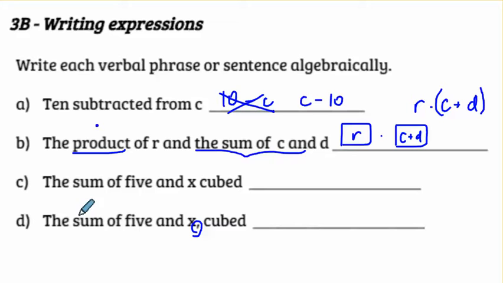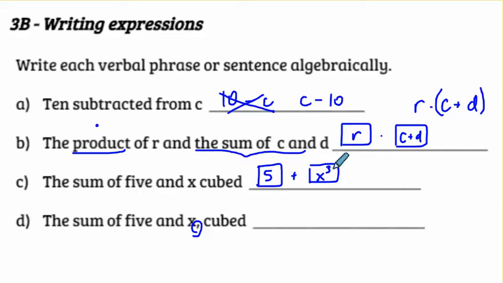In D, we have the sum of 5, and x cubed. You see the difference? So the sum of means that we're going to take two things and we're going to add them. What are the two things? We are going to add 5 and x cubed.